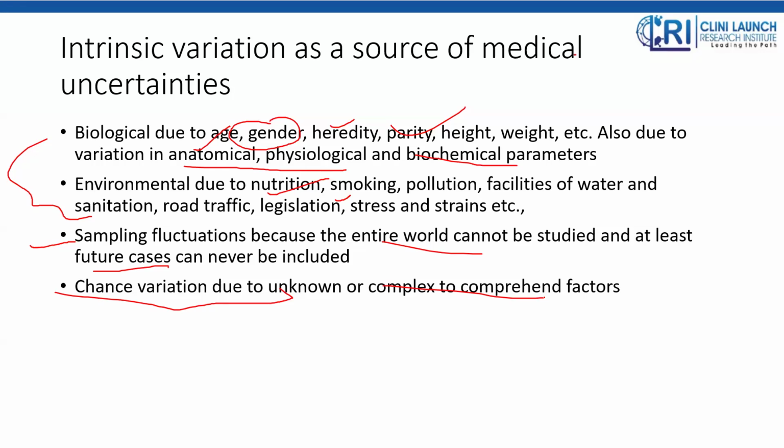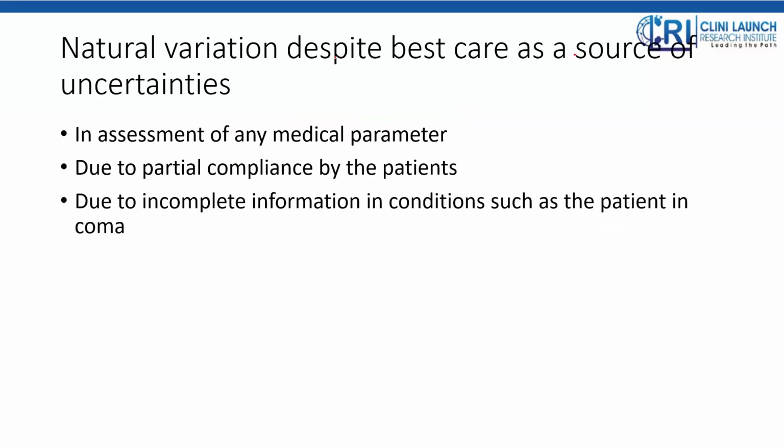Uncertainties means the data might have errors, right? Then natural variations also are there despite best care as a source of uncertainties. Even though I do a lot of training, sometimes in assessment of any medical parameter, like while taking blood pressure, somebody is having visual defects.